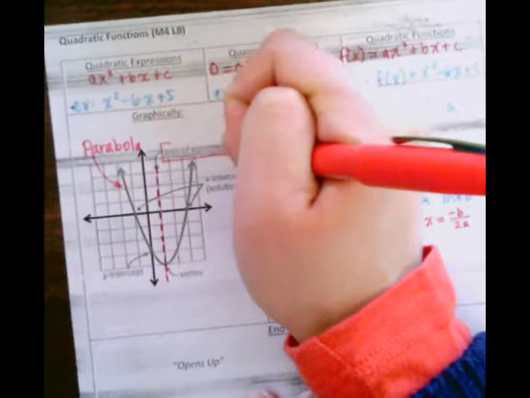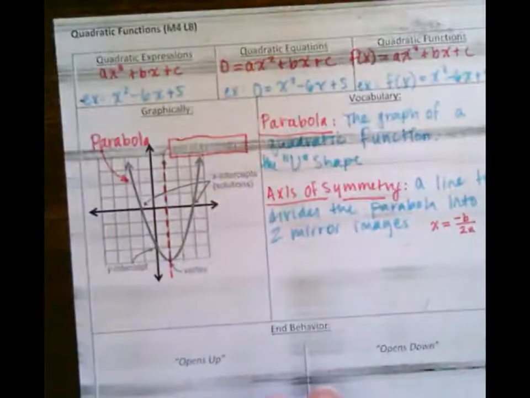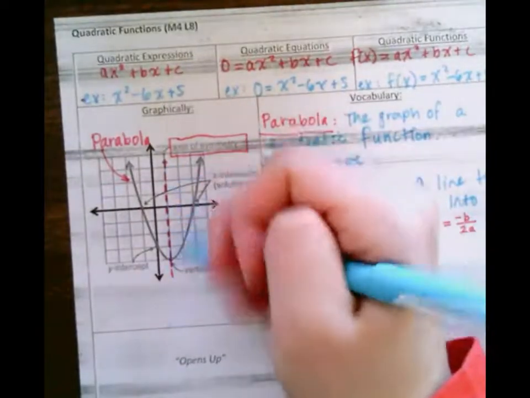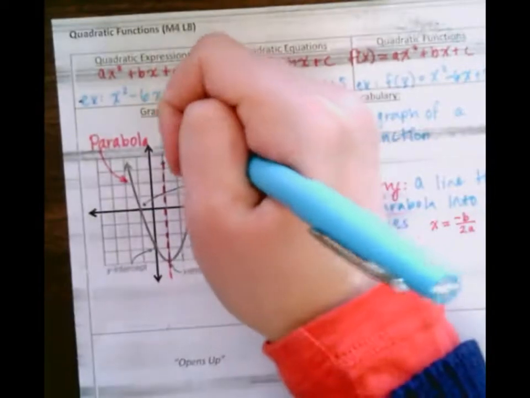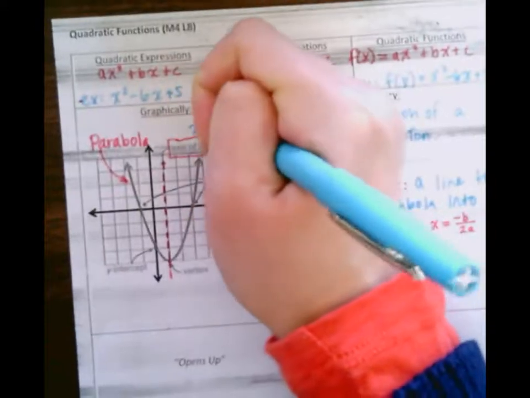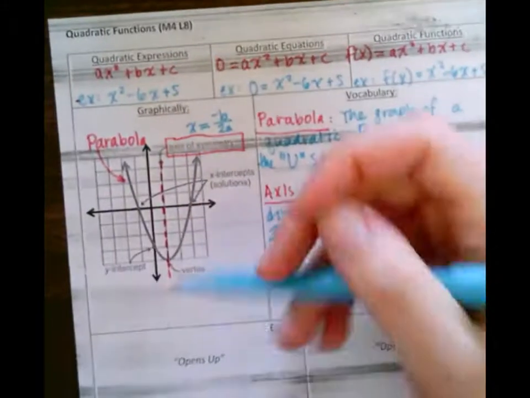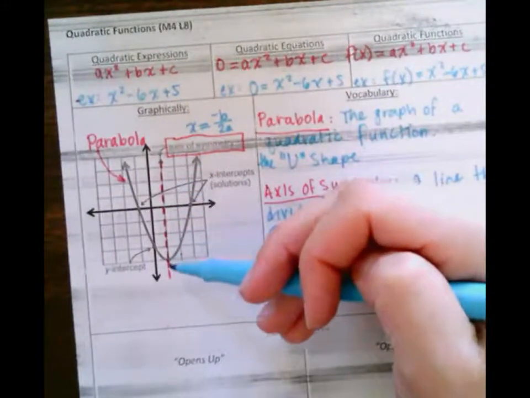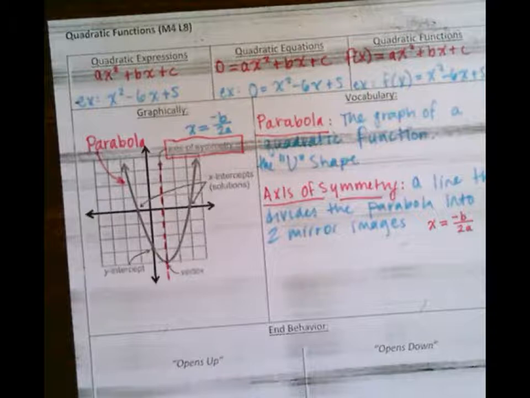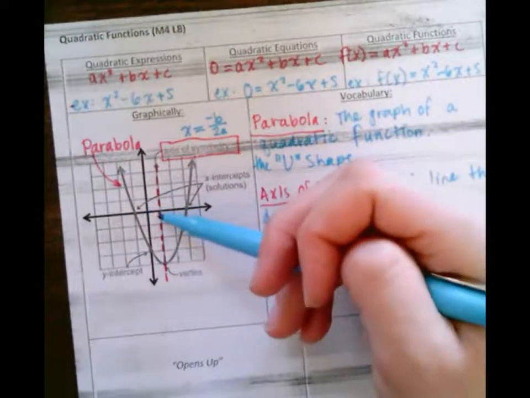The axis of symmetry is that vertical line that splits it in half, and x equals negative b over 2a will give you that x value. Because a vertical line, remember, is always just x equals a number. It's going to tell you what number. In this case, it would be 1.